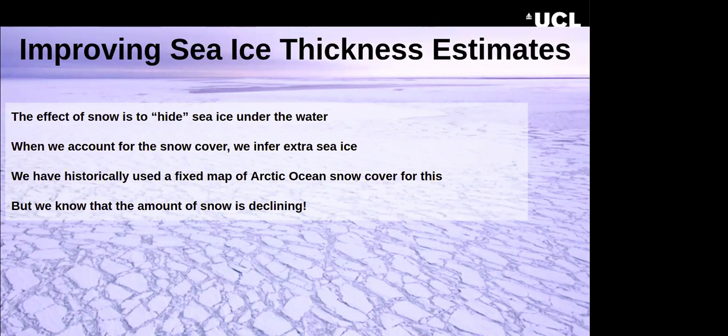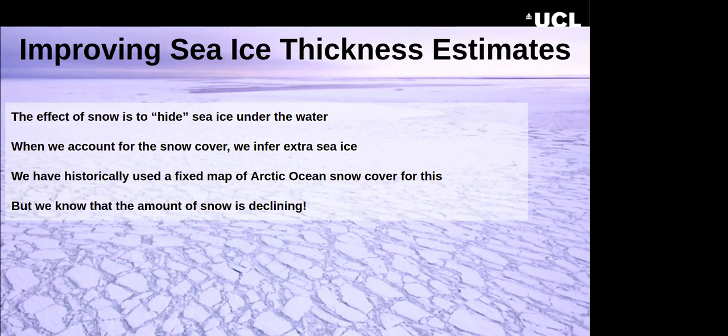As well as the interannual variability in these snow maps, we'd also like to know if snow is declining. I showed you that time series earlier of the stake measurements, and you could almost visually see the decline in snow depth. And we do know, from both these measurements and Operation IceBridge measurements over several years, that at least in the Western Arctic, the snow depth is declining.